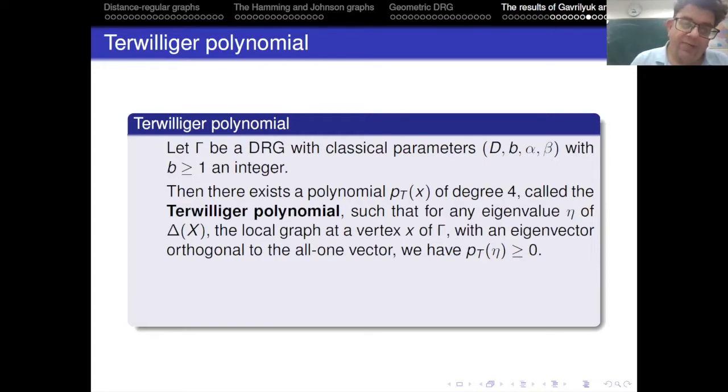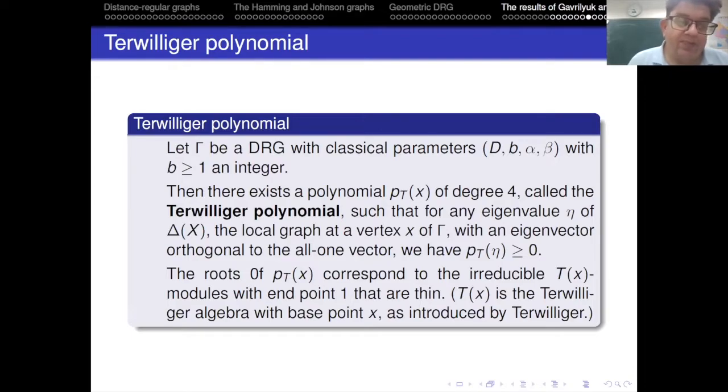Then there exists a polynomial pt of x of degree 4, called the Terwilliger polynomial, so that for any eigenvalue eta of the local graph at a vertex x of gamma, with an eigenvector orthogonal to the all-ones vector, we have that pt of eta is always greater or equal to 0. Sorry, there is a misprint here: it should be small x and not a big X. And the roots of pt correspond to the irreducible T-modules with endpoint 1 that are thin.